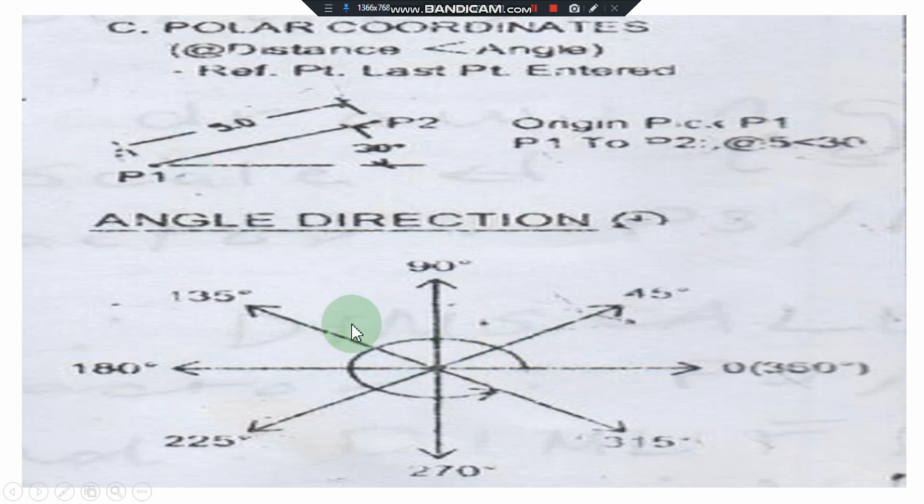If it's going to the left at a 45 degrees angle, going from our point here is 135 degrees. So we have a total rotation of 360 degrees. So there's no negative for the direction.